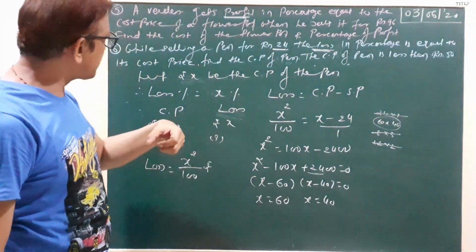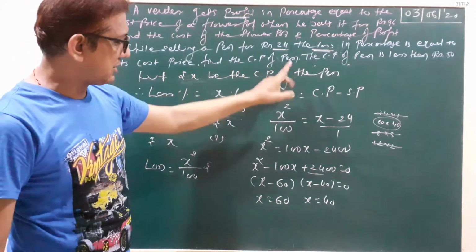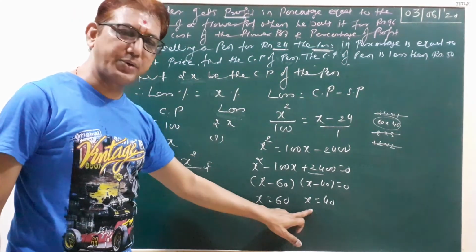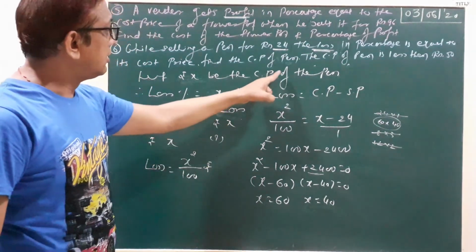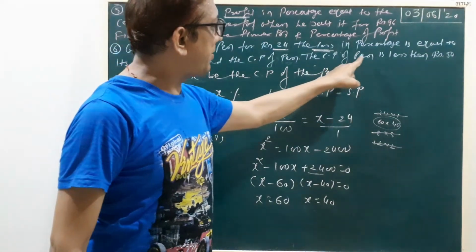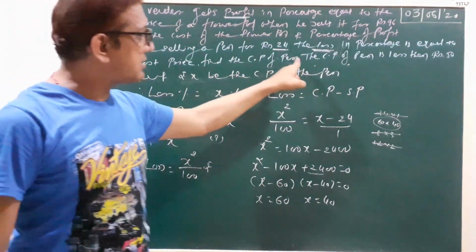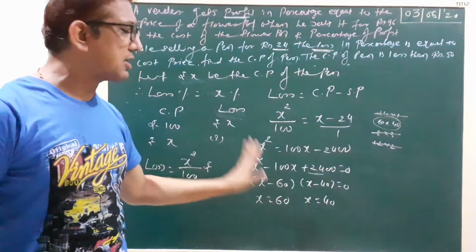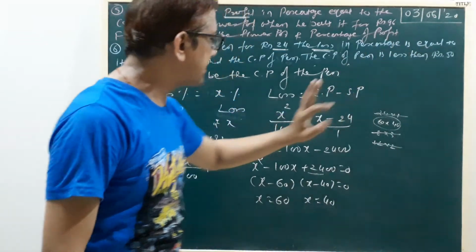But in our question, a condition is given. Find the CP of a pen. That means the cost price is 40 rupees or 60 rupees, either answer is possible. Look here. The condition is that the CP of a pen is less than 50 rupees. If this condition is not given, then both answers are possible. But here the condition is given that the CP of a pen is less than 50 rupees.